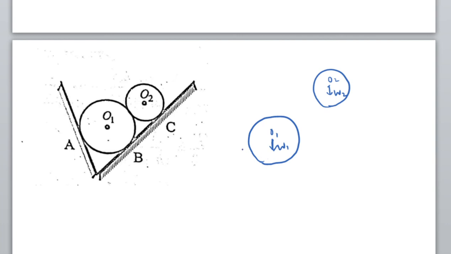We have removed supports, so at this point A, this is RA acting at point A. Similarly, RB acting at point B. Like that, RC acting at point C. As it is not mentioned, you need to mark this point as D, as the two bodies are connected, and you need to show the reaction at point D.